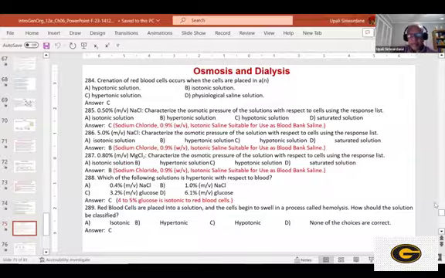Dialysis is also related to osmosis. In dialysis, you not only remove water, you remove small molecules.